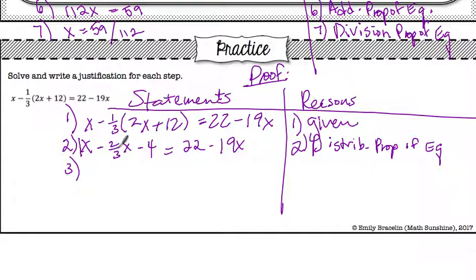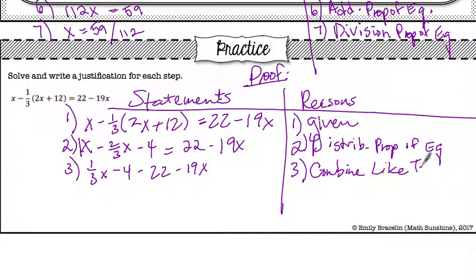So 3/3 minus 2/3 leaves us with the 1/3. 1/3 x minus 4 equals 22 minus 19x. Okay, so we combine some like terms. And the reason why that's not subtraction property of equality is because we didn't subtract the same thing from both sides. All we did was put this one and this one together.